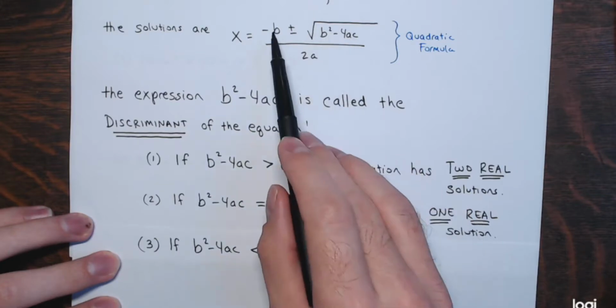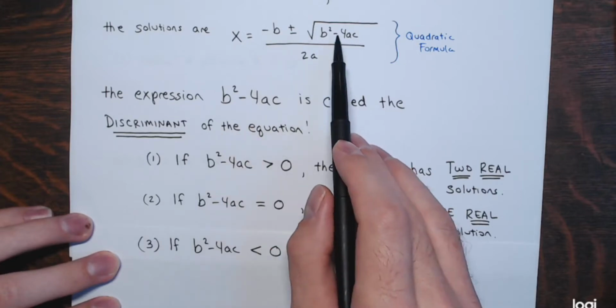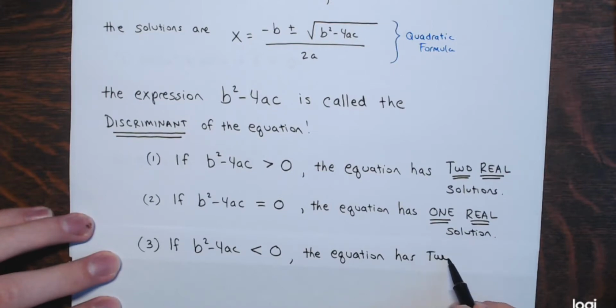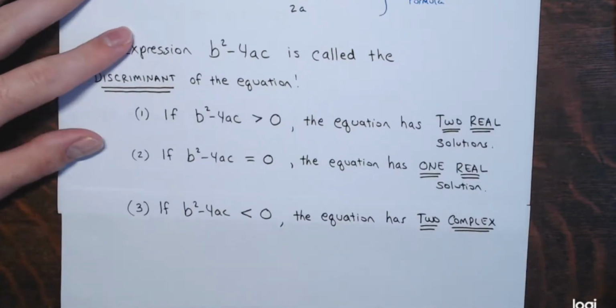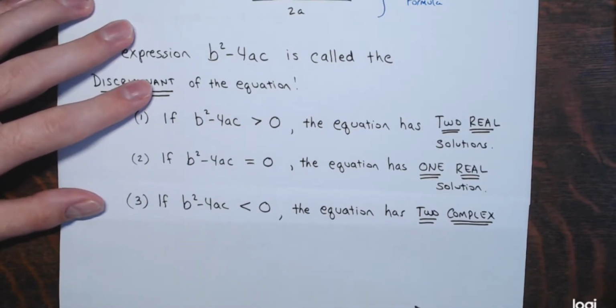So you'd have negative b plus some imaginary number divided by 2a, and negative b minus some imaginary number divided by 2a. So in that case, the equation has two complex solutions with an imaginary part. In most books, they'll just say two complex solutions, even though real numbers are also complex. But usually when people say complex, they think it has to have an imaginary number in it. So, two complex solutions with an imaginary part.